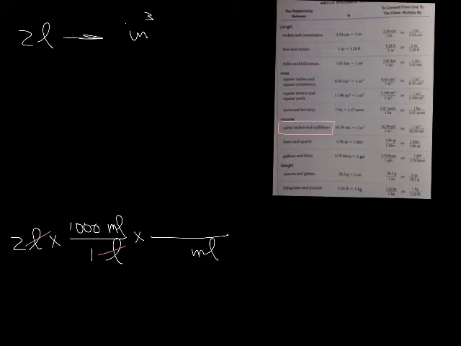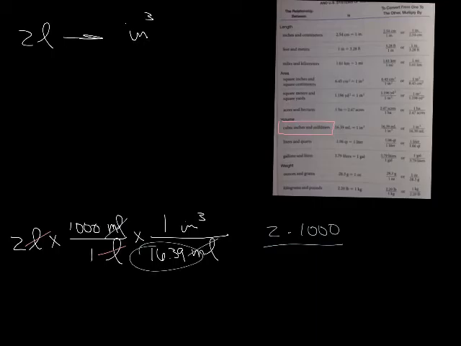And I've got milliliters, and I do know that there are, according to my table there, 16.39 milliliters in 1 cubic inch, and that's what I'm looking for, cubic inches, so I can cross those out. So 2 times 1,000 divided by 16.39.